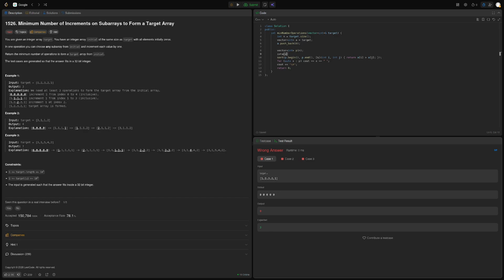Let's do iota p begin p end 0. Yeah, okay, so this gives me indices sorted by decreasing values of a and then by index. So now what do we do? Well, simple as that.